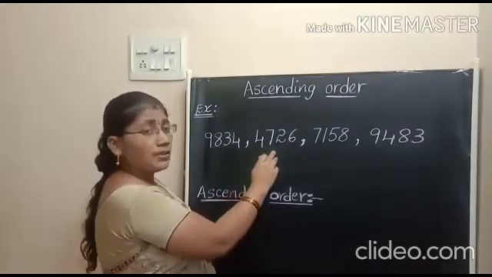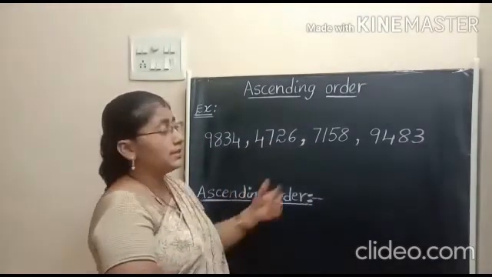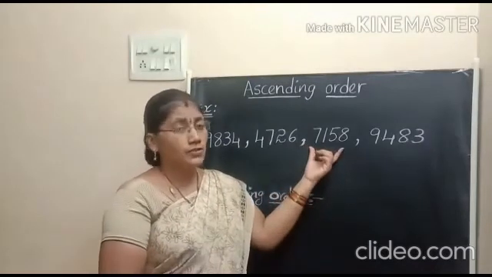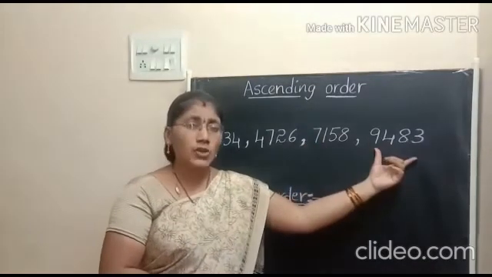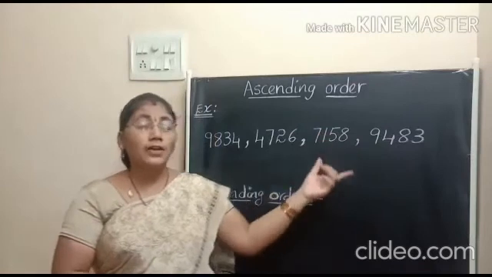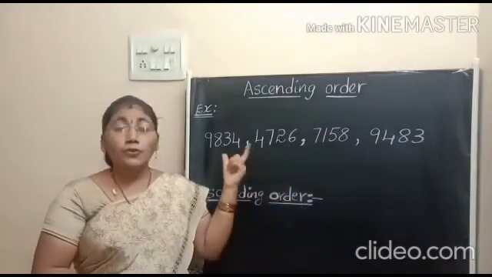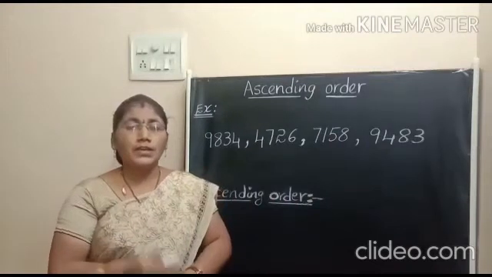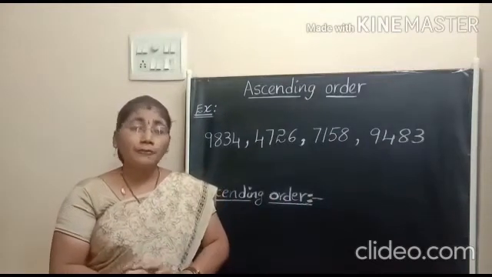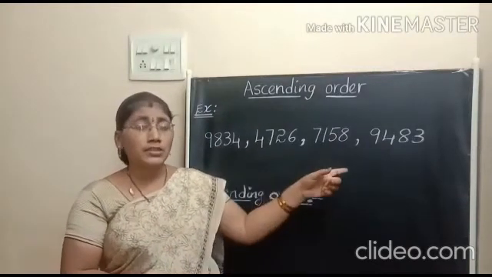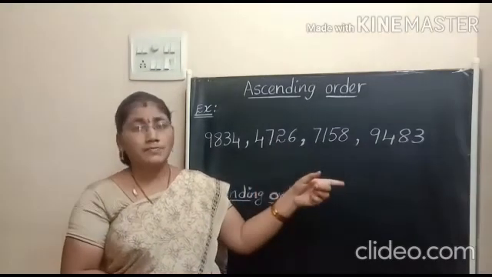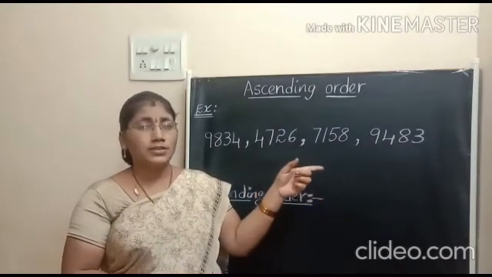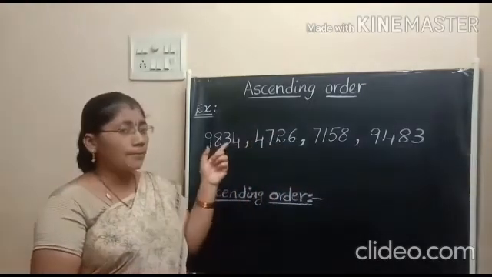In the second number, we have 4 digits. Third number also has 4 digits. Fourth number also has 4 digits. Now, we are comparing 4 numbers with the same number of digits. In this situation, we have to compare these numbers digit by digit. Let us compare.